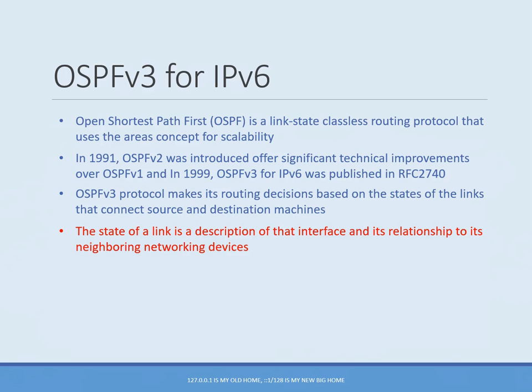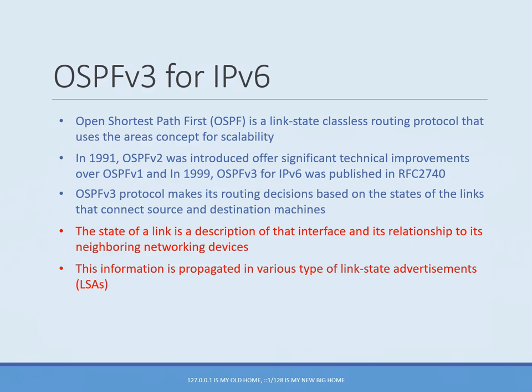The link state is a description of that interface and its relationship to its neighboring networking devices. The interface information includes the IPv6 prefix of the interface, the network mask, the type of network it is connected to, the devices connected to that network, and of course other information.